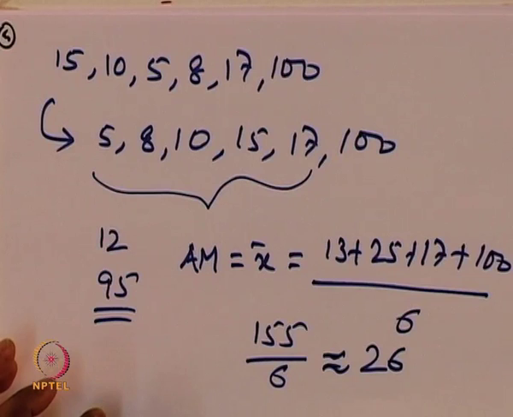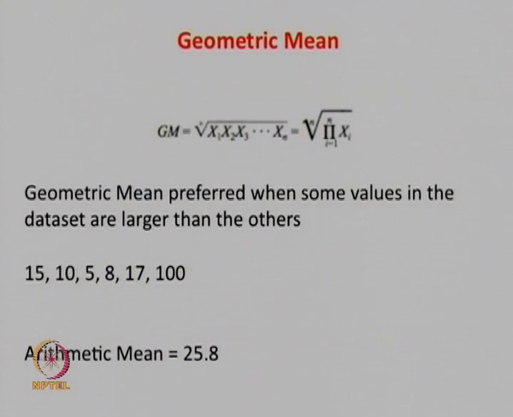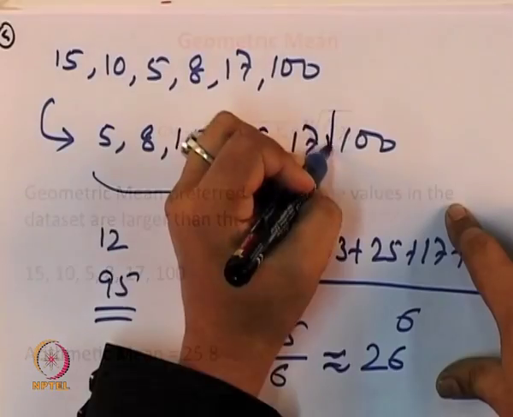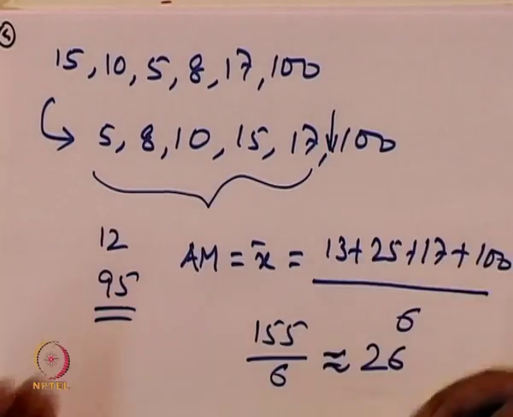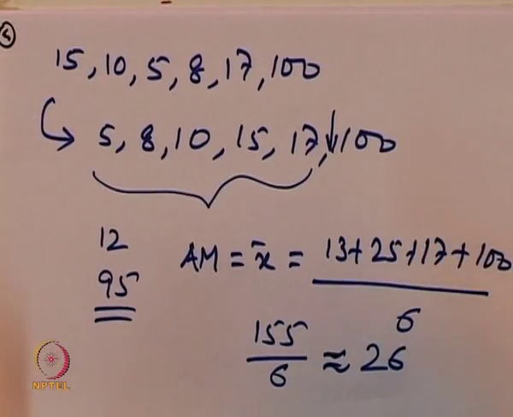The exact value is 25.8, okay. Now, clearly I can see that 25.8 would be a value which is right here, which is way further than most of the other numbers. So, really this arithmetic mean gives me a number which is not representative of the whole population.